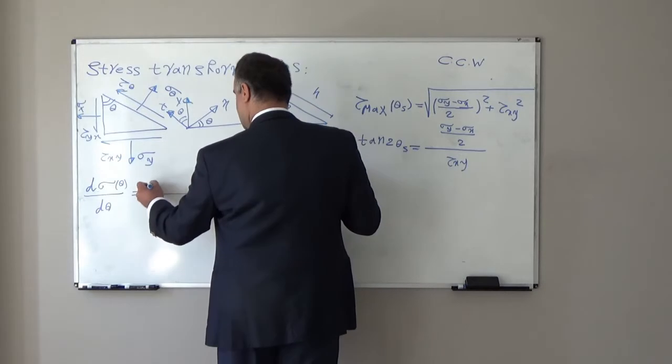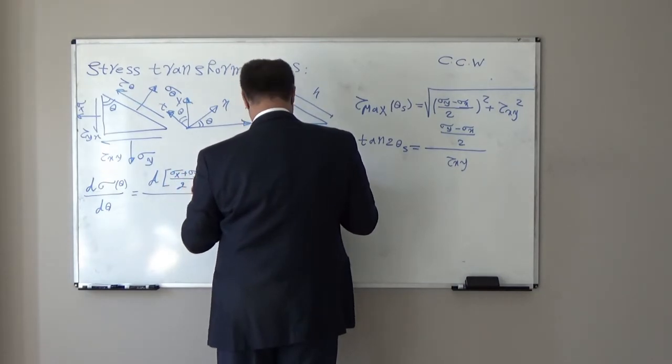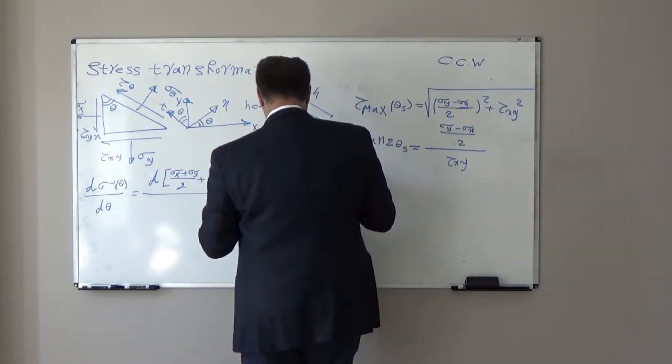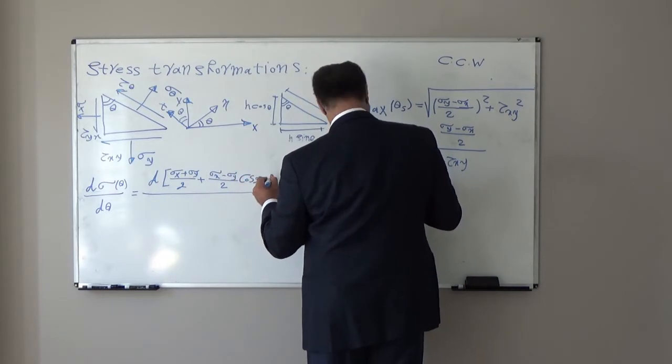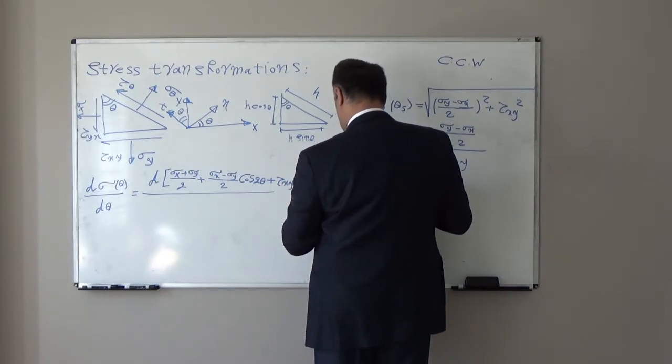That will be the derivative of sigma x plus sigma y over 2 plus sigma x minus sigma y over 2 cosine 2 theta plus tau xy sine 2 theta.